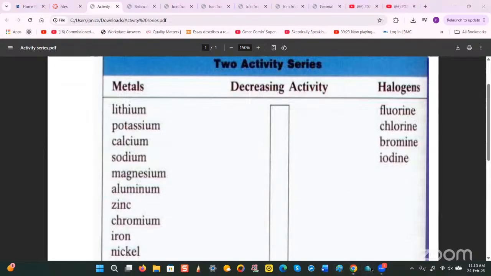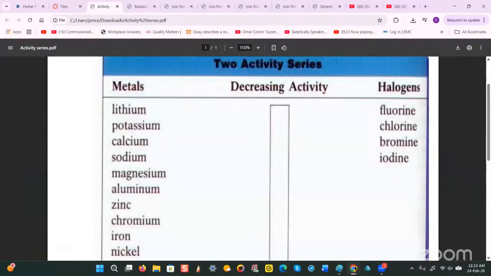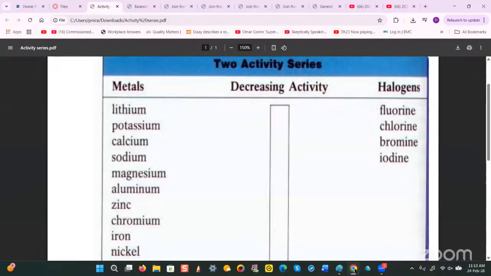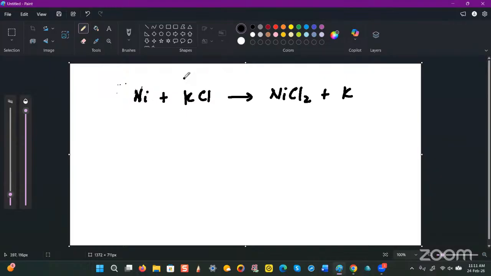So let's say I gave you this equation: Ni plus potassium chloride to give NiCl2 plus potassium, and to balance this, I'm going to need a 2 here and a 2 here.